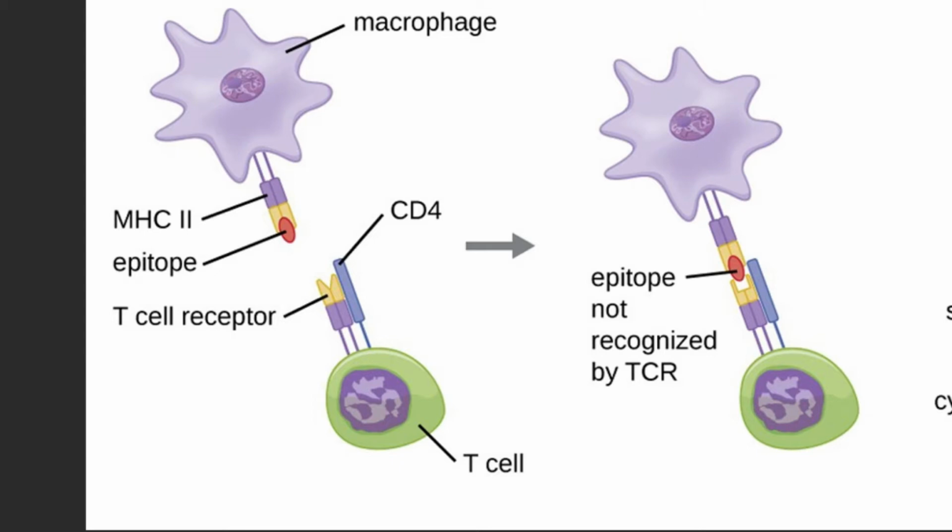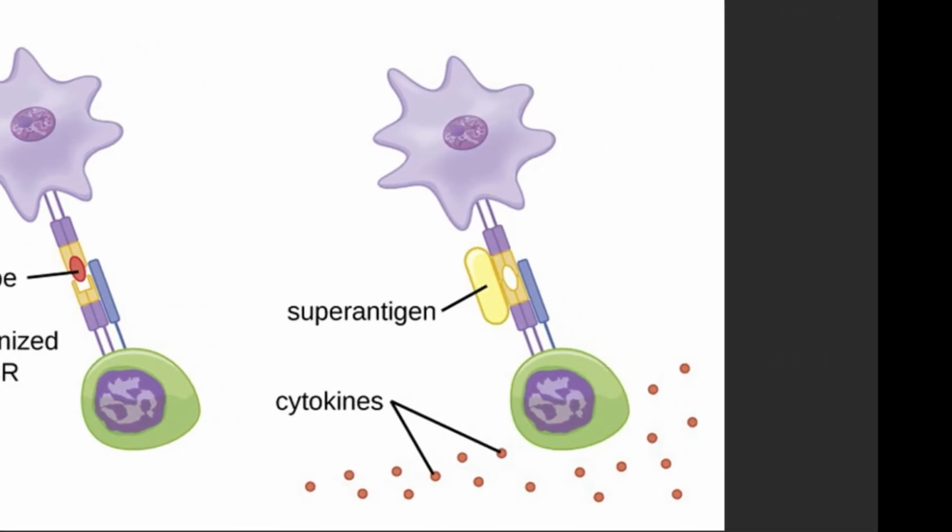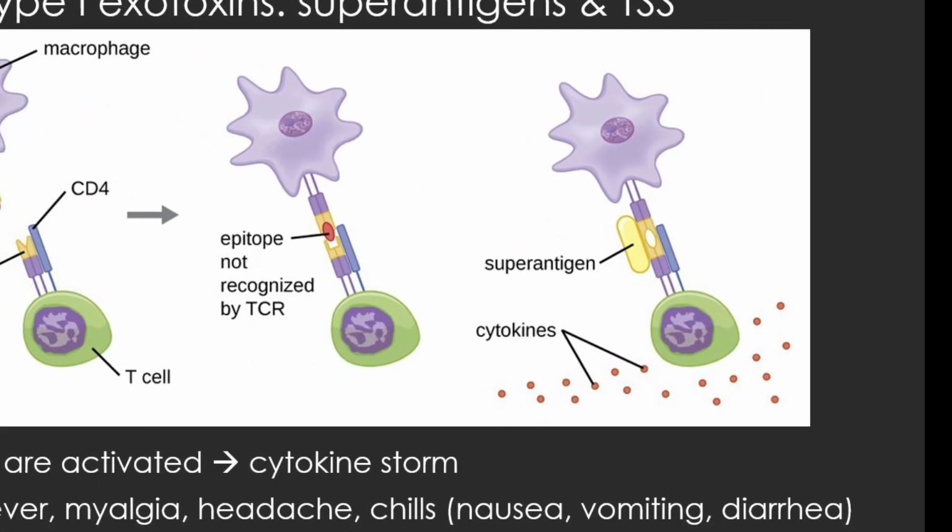But the presence of this super antigen, which was a gene transcribed and translated in, say, Staphylococcus aureus or Streptococcus pyogenes, bridges that gap and causes this helper T cell to think that he's been activated. And so he will undergo clonal expansion and differentiation into effector cells, and he will go out and he will turn on the rest of the immune system.